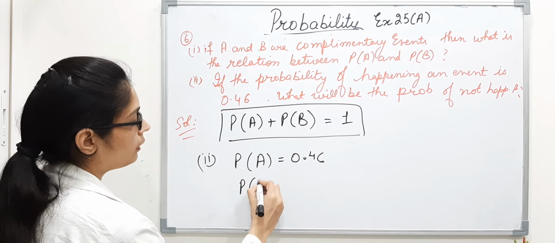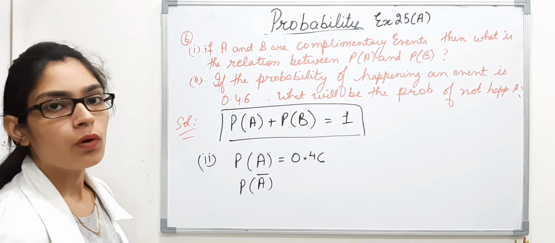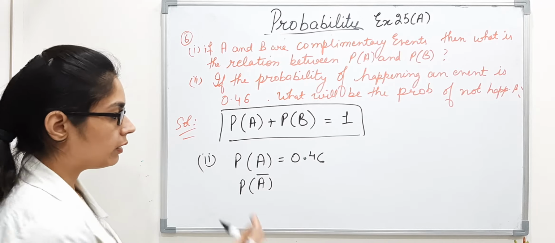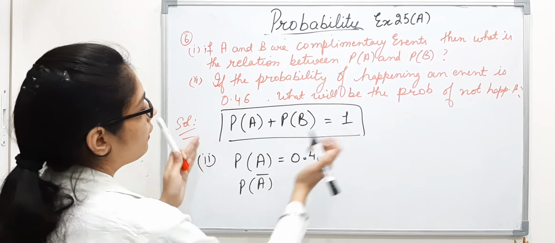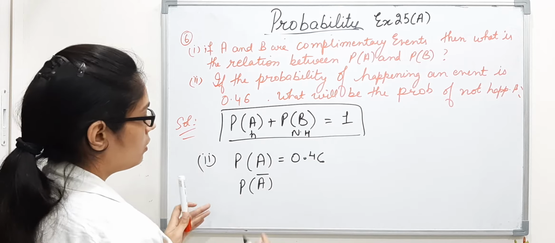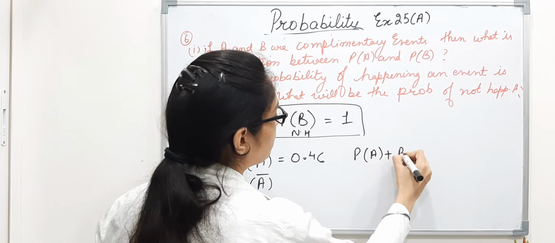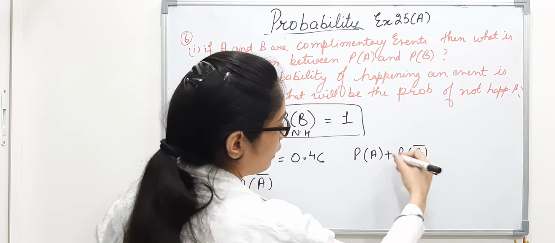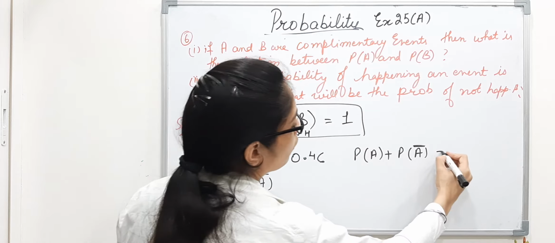So you have to calculate not happening. I have told you PE and P not E will be equals to 1 because they will always be complementary events. Like this is happening of an event, this is not happening of an event. So simply I can write PA plus PA dash, not happening, I will write it like this. It will be equals to 1.